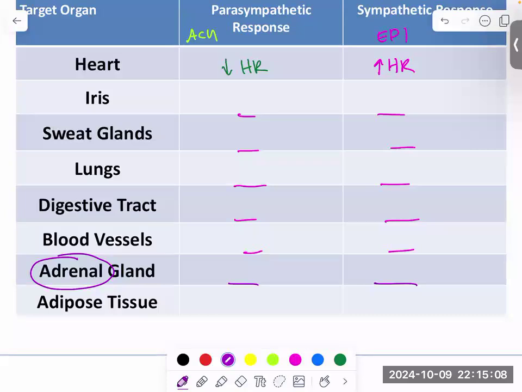What is it going to do to your fat tissue? When you're in a fight or flight response, you want to turn that fat into sugar. The one I forgot to include or got deleted was the urinary bladder. Don't forget the urinary bladder, okay? But we talked about that as a group.